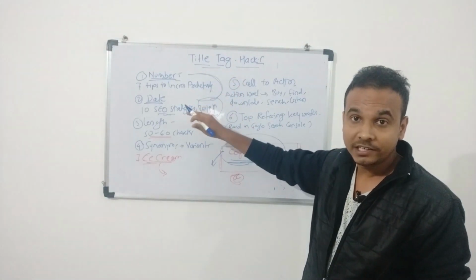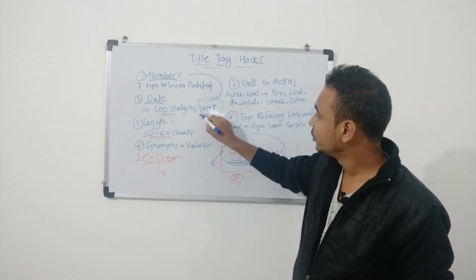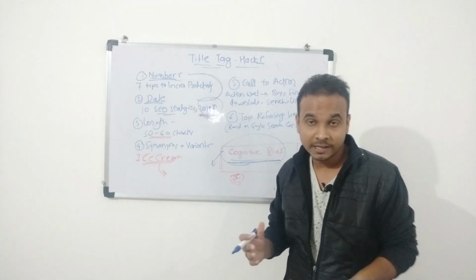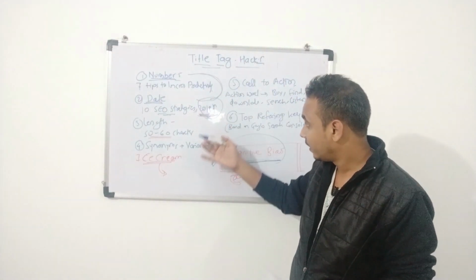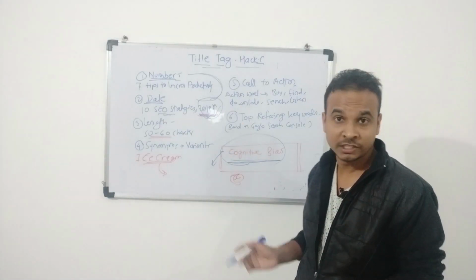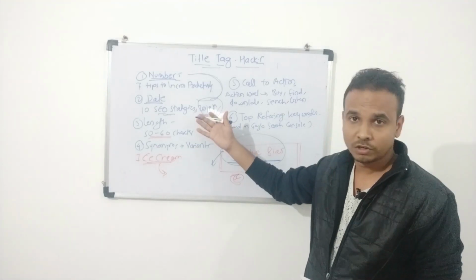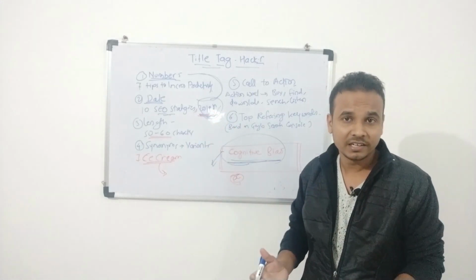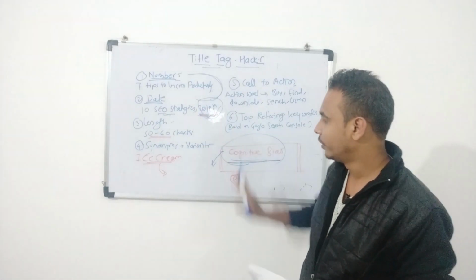But one title mentions 10 SEO strategies and 2019. I will think that other titles are also there, but this one specifically tells about 2019 strategy. And in 2019, I will go for this article only because I want a fresh article, a fresh perspective. That's why it's very important.